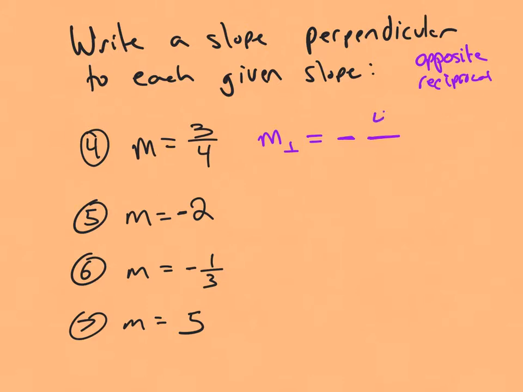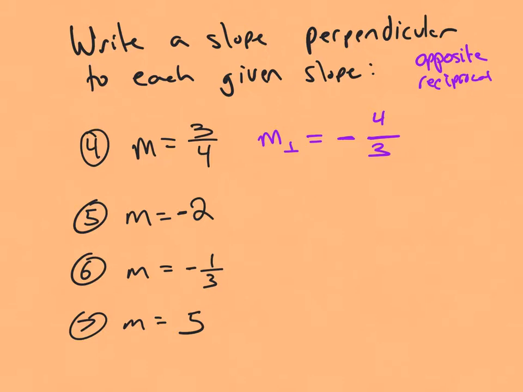So -4/3. What this means is if I drew a line that had a slope of 3/4, and then I drew another line that had a slope of -4/3, they would intersect each other at right angles. Now let's do the rest of these.